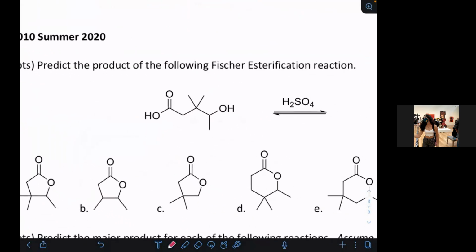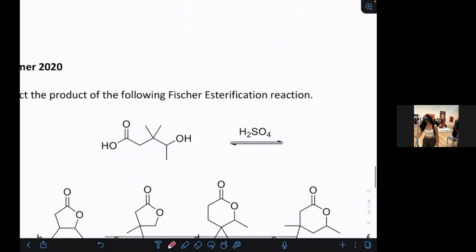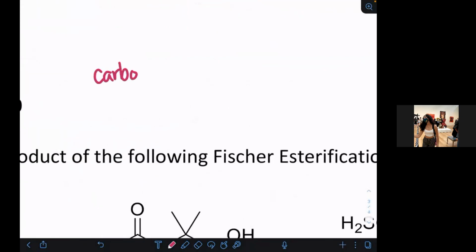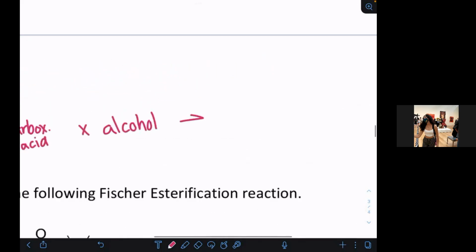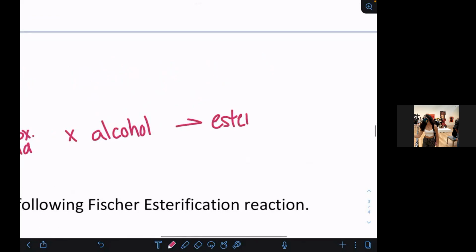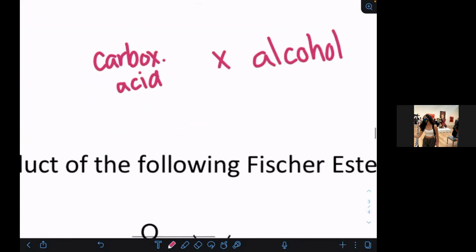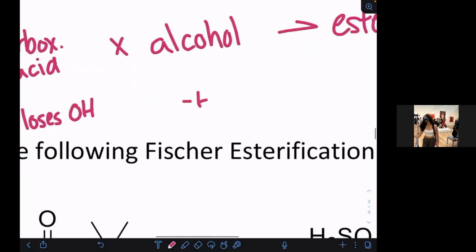So in esterification, a carboxylic acid reacts with an alcohol, and then it creates an ester. What's easy for me is that it loses an OH from the carboxylic acid, and then it just loses an H from the alcohol.